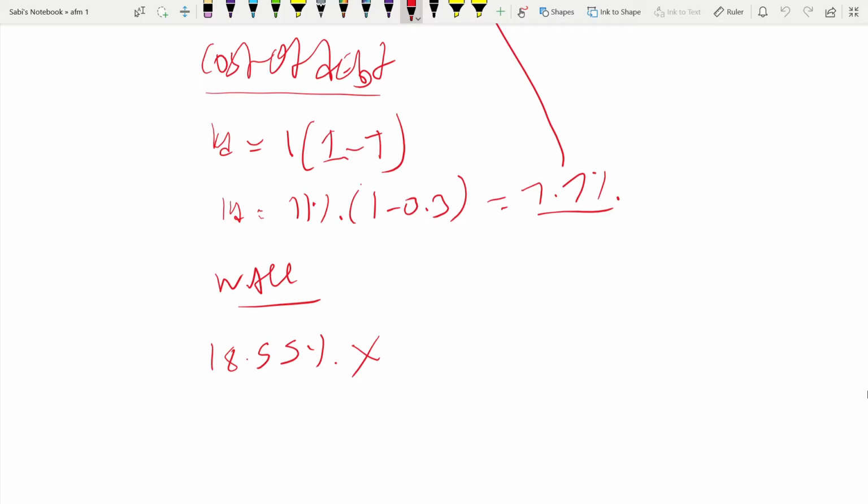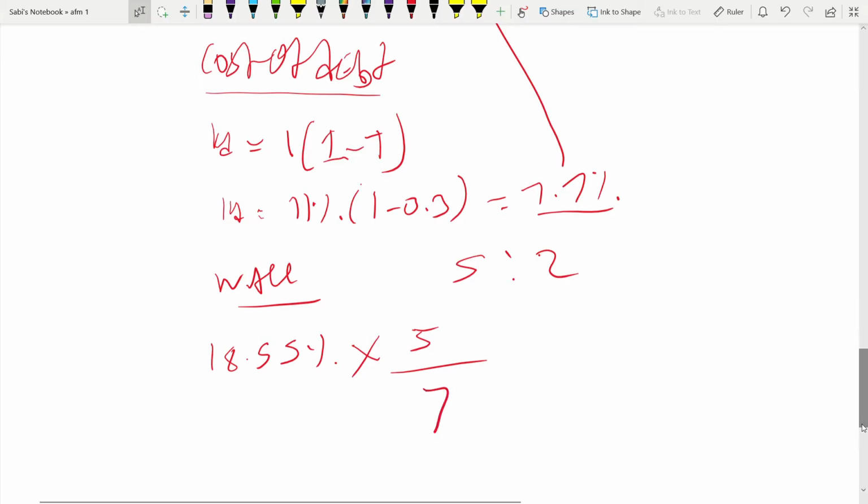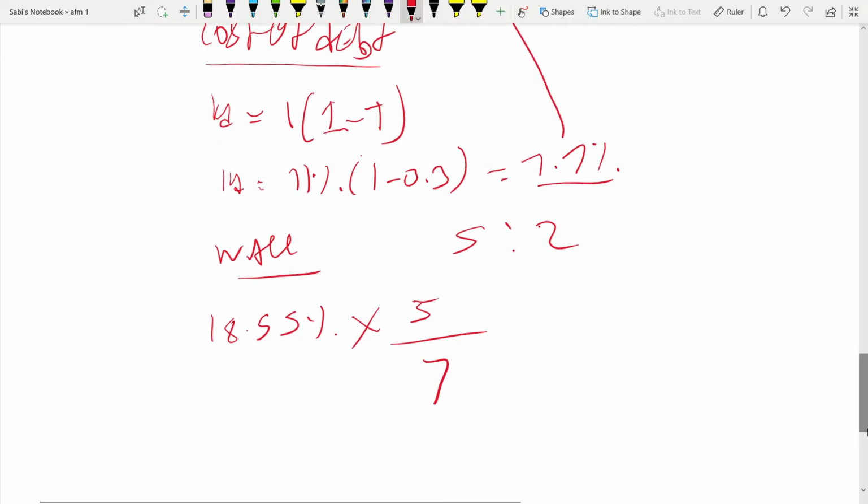It's your equity to debt ratio. So your equity was 5 is to 2. But when you take the denominator, you have to write 7 because 5 plus 2, your equity plus debt, right? So 5 over 7, plus, okay? This is how you find WACC.